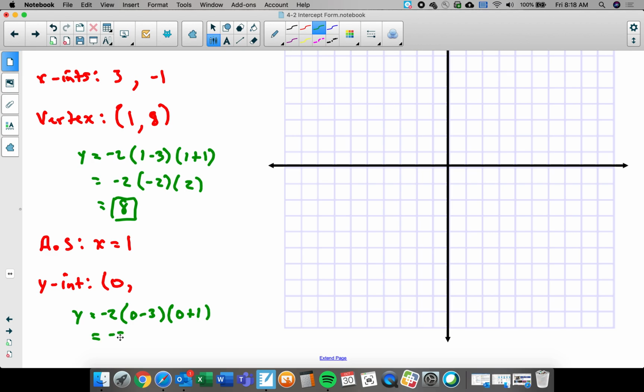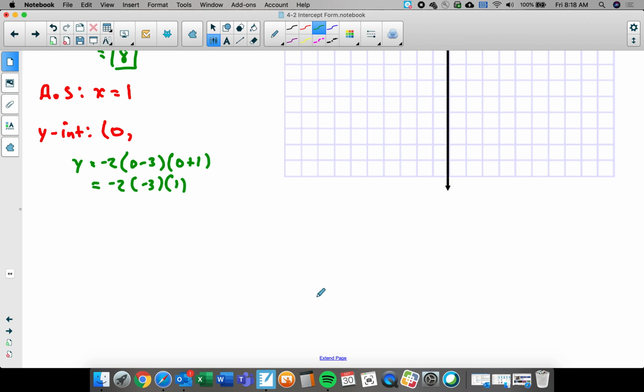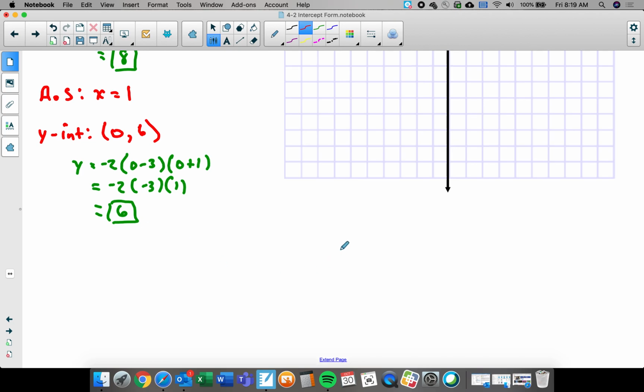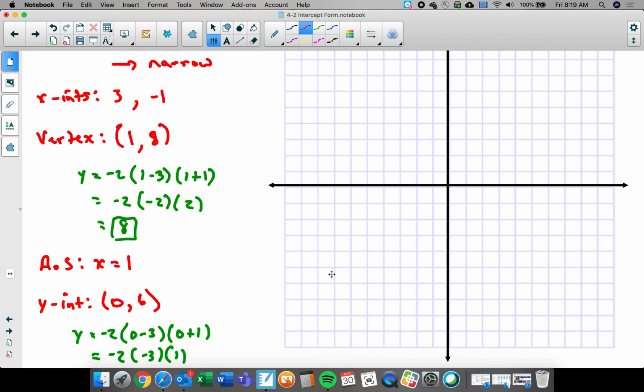We end up with negative 2 times negative 3 times positive 1. And therefore, if I multiply those together, you end up with a positive 6 times 1. There's your y-intercept right there: (0, 6).